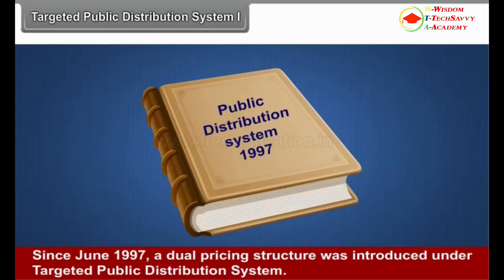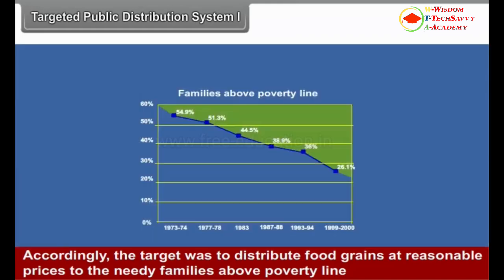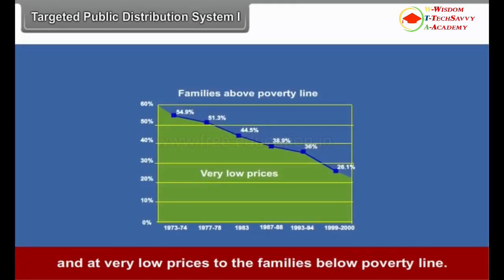Targeted Public Distribution System. Since June 1997, a dual pricing structure was introduced under the Targeted Public Distribution System. Accordingly, the target was to distribute food grains at reasonable prices to the needy families above the poverty line, and at a very low price to the families below the poverty line.